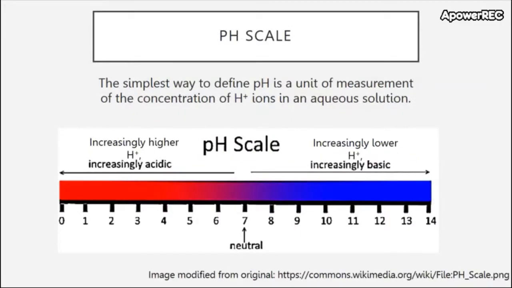Now, next on the list is pH. First, let's talk a bit about what the pH scale is and what pH is. The simplest way to define pH is a unit of measurement of the concentration of protons or hydrogen cations, protons that are positively charged, in an aqueous solution.